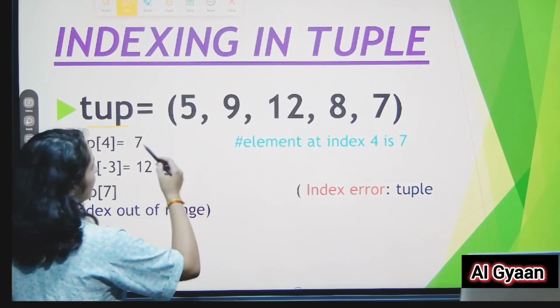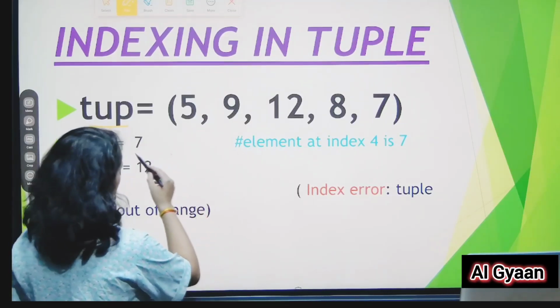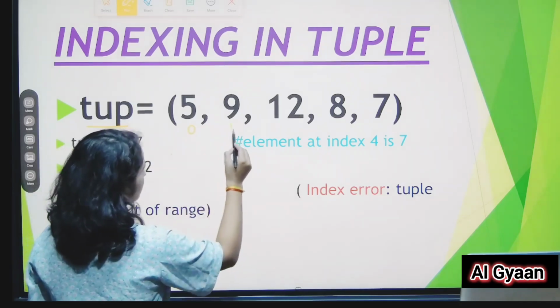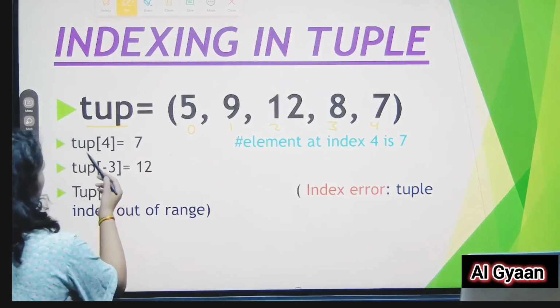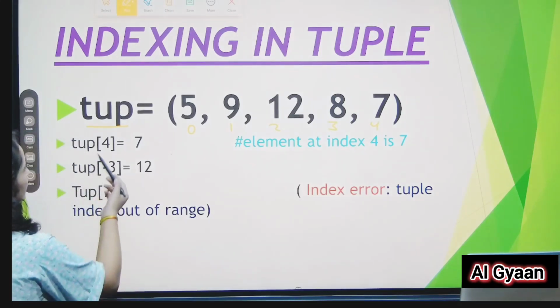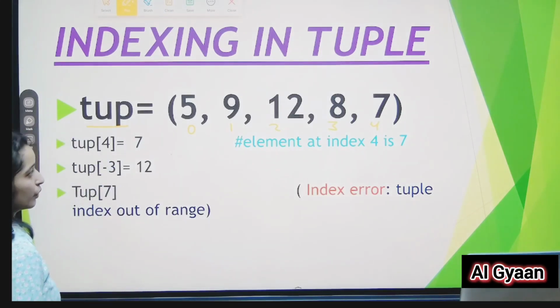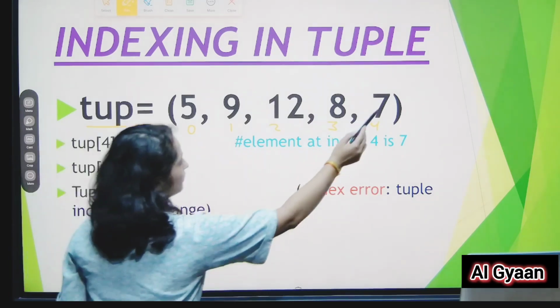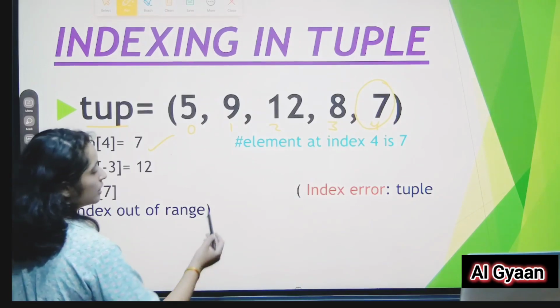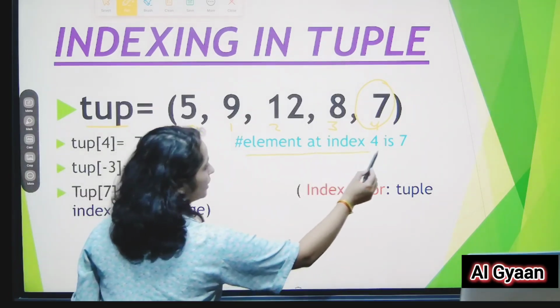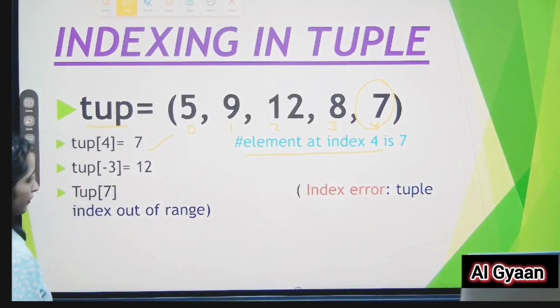So the element at index 4 will be, see, I have written 0, 1, 2, 3, 4. So I have to find out which element lies at index 4. My output will be 7. So it's clear that the element at index 4 is 7.